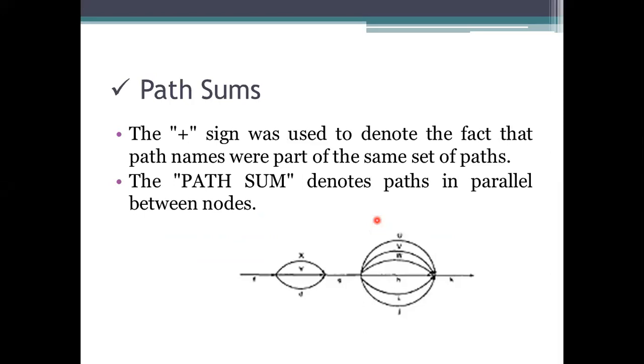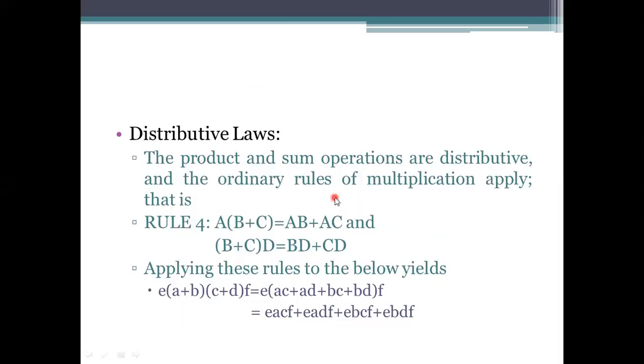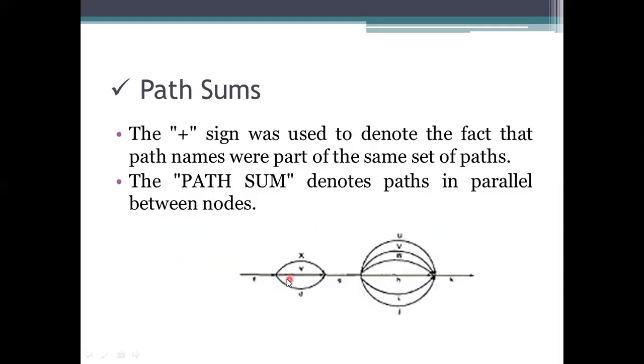And coming to the path sum. Path sum means, as I specified, we are having parallel paths between the nodes. If you are considering parallel paths between the nodes, what we have to do here is add them up and present the values. If you see X plus Y plus D here, this representation is leading to the same path, so we need to add all these values.